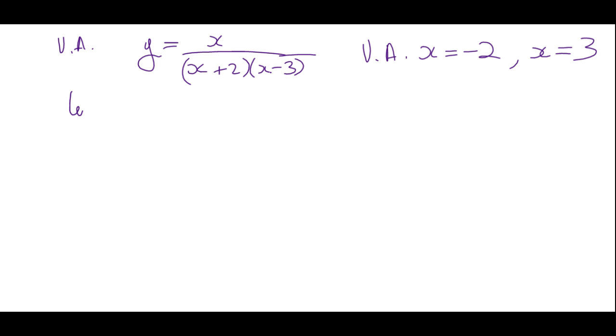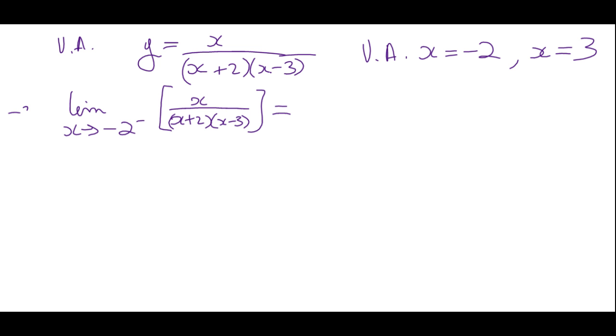So the limit as x approaches -2 from below of x over (x plus 2)(x minus 3) is, okay, let's pick a number. We're going to use -2.01. So what's the top here? It's going to be negative, since x is negative.